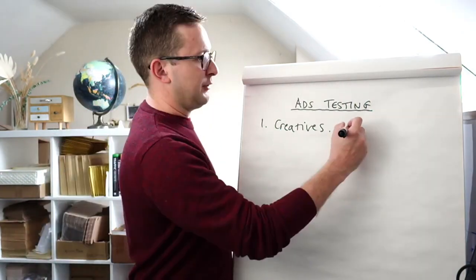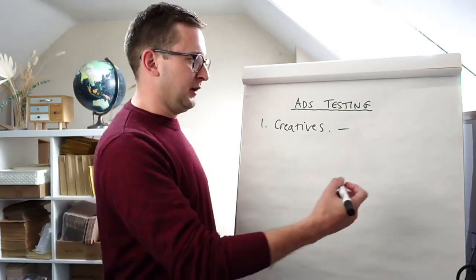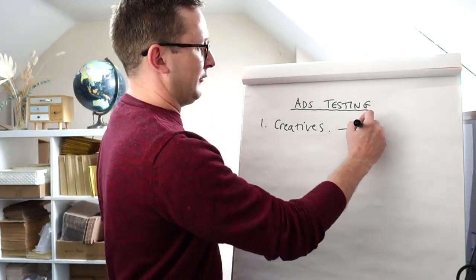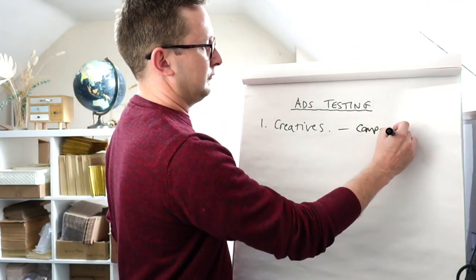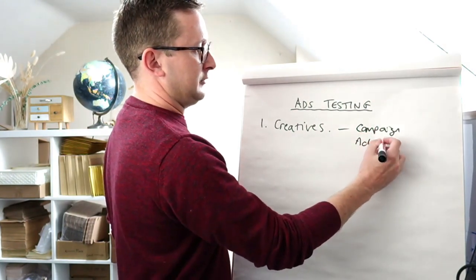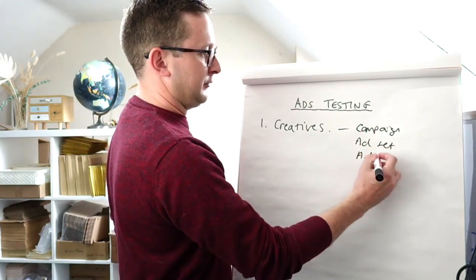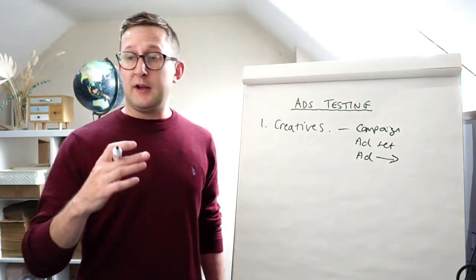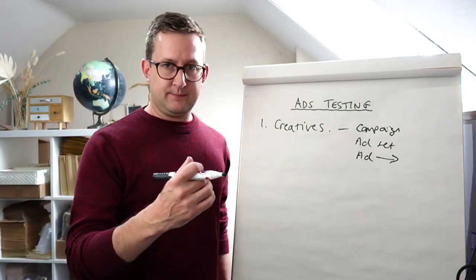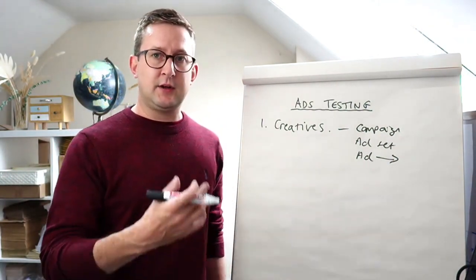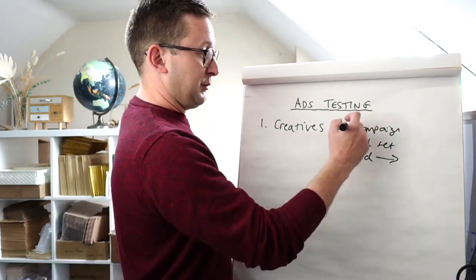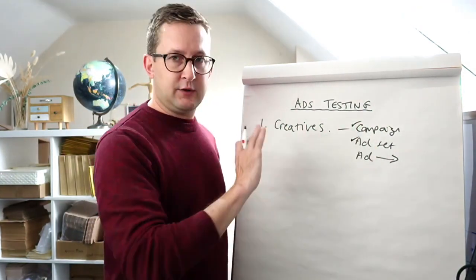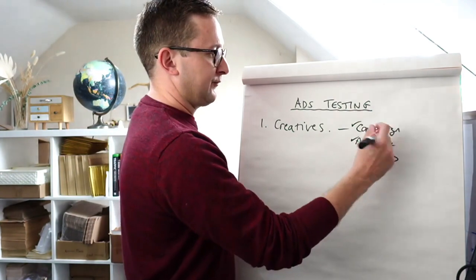So when you test the creative, you've got your overall campaign level, you've got your ad set level, and you've got your ad level. What you want to do is keep consistency. You need consistency to be able to test and see what's going on. So you would keep this and this as standard, no variation.